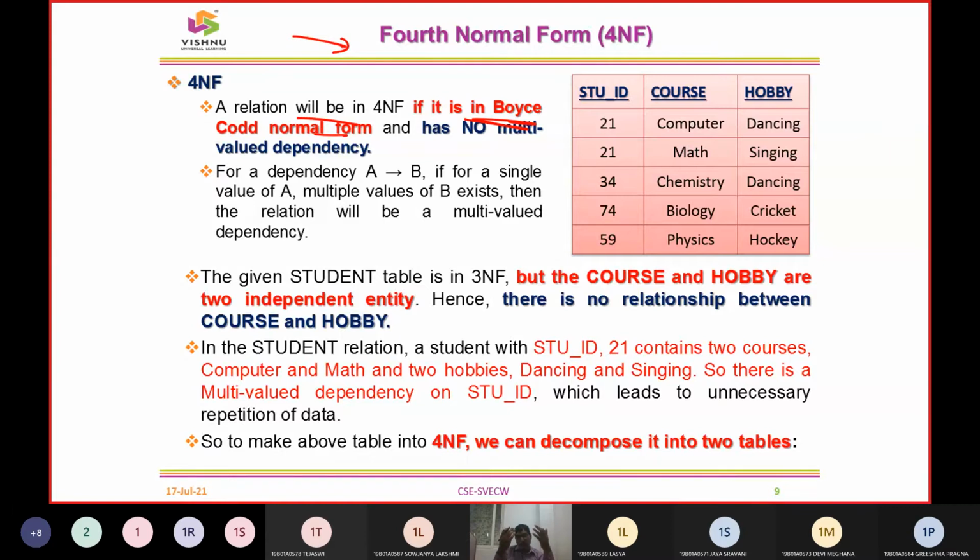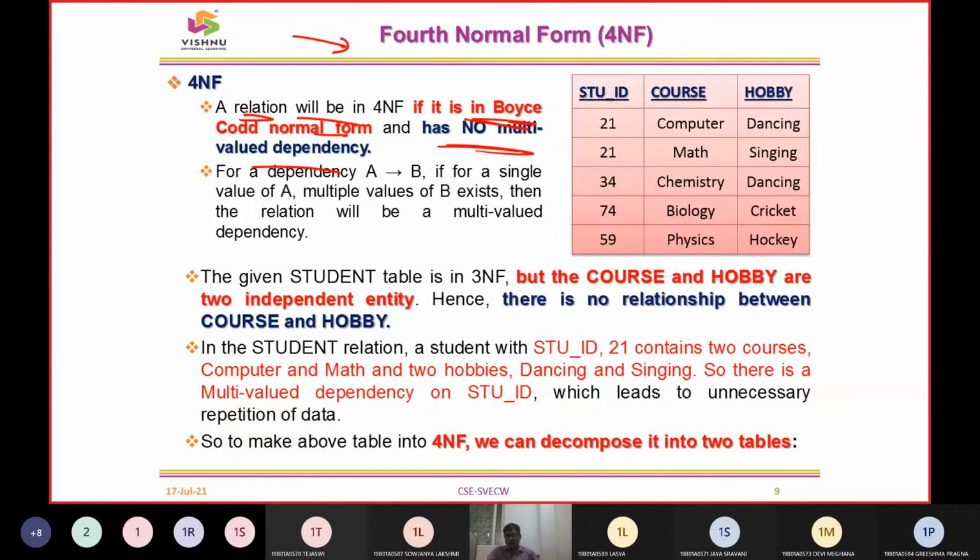Dependency preservation is not met in the third, but here the dependency preservation has to be met. So if it is in Boyce-Codd normal form, the next level of advancement is to remove the multi-valued dependencies. If there are no multi-valued dependencies, then we can say that the relation is in the fourth normal form.